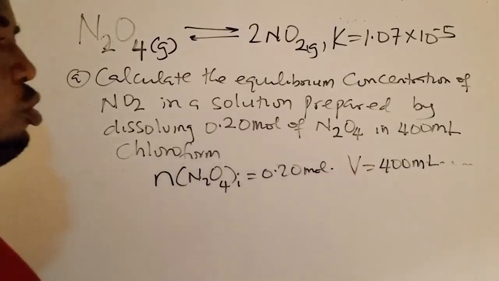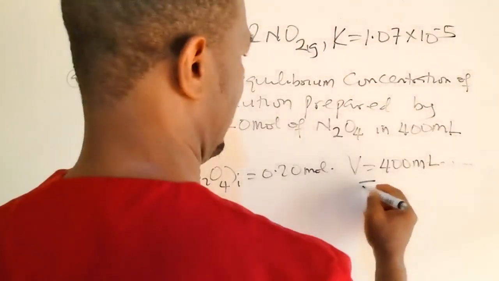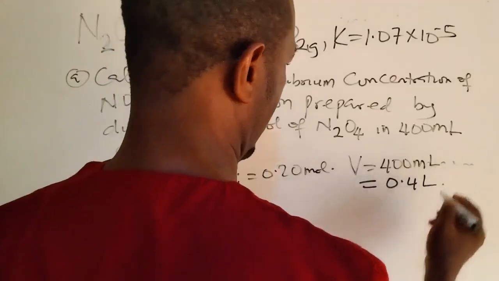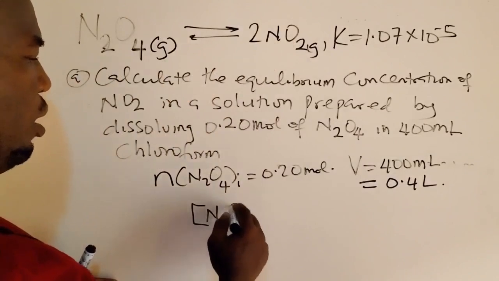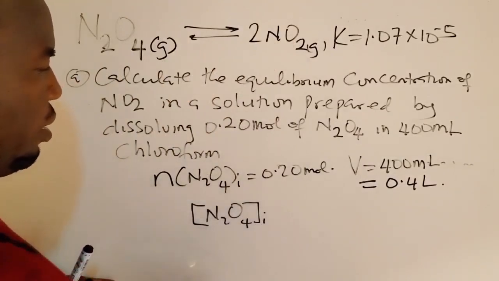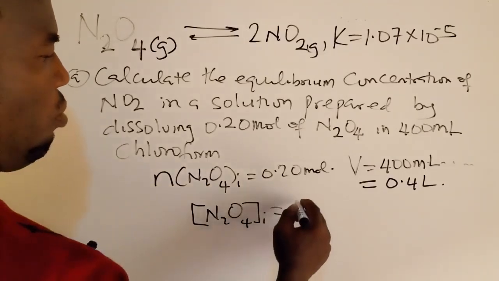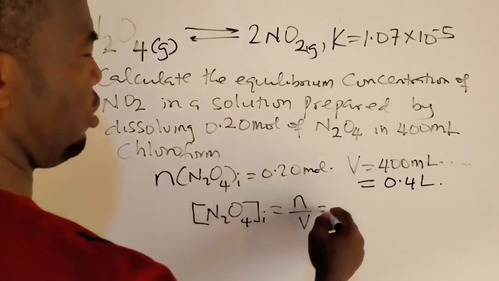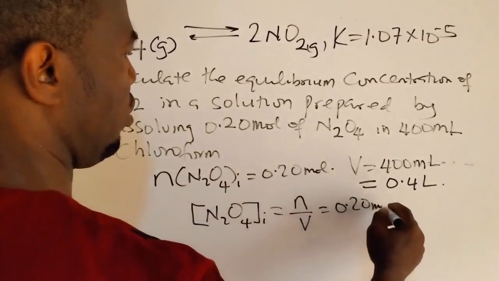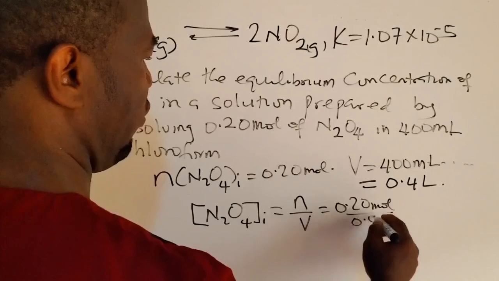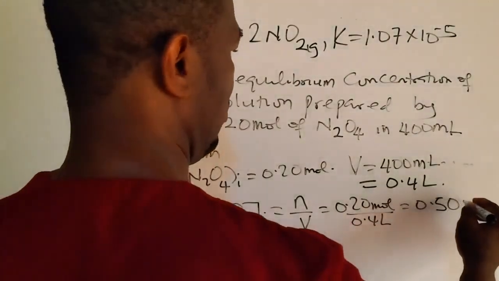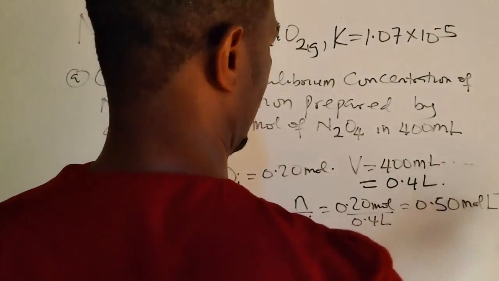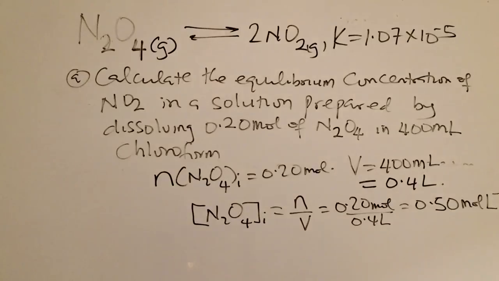So convert the volume to liters, divide by 1,000, that gives you 0.4 liters. So we're going to find the initial concentration of the dinitrogen 4-oxide. That will be mole over volume, which is 0.2 mole over 0.4 liters, and that gives us 0.50 mole per liter.